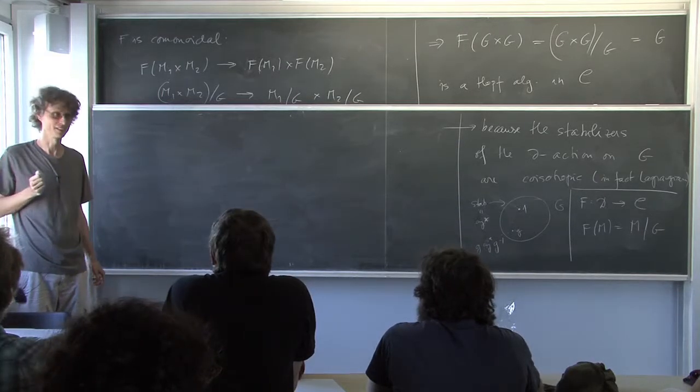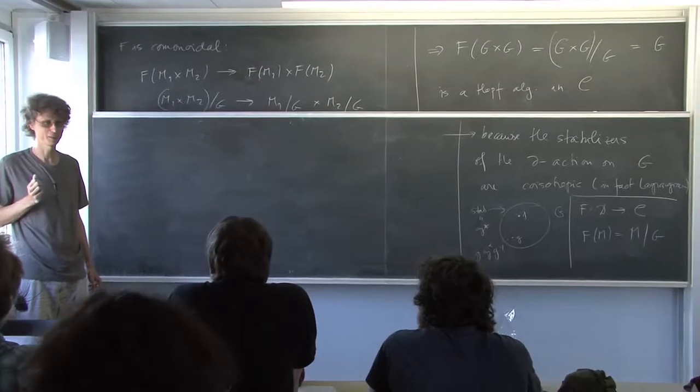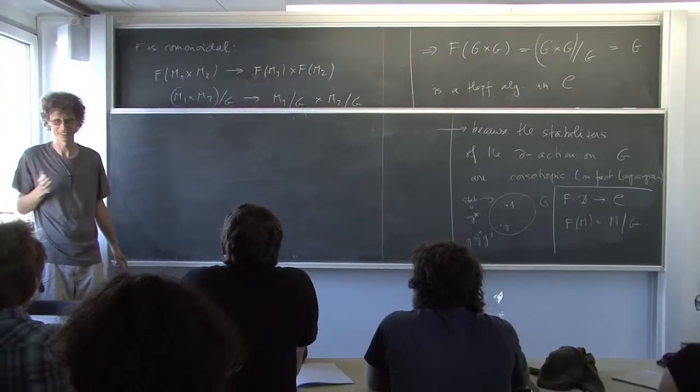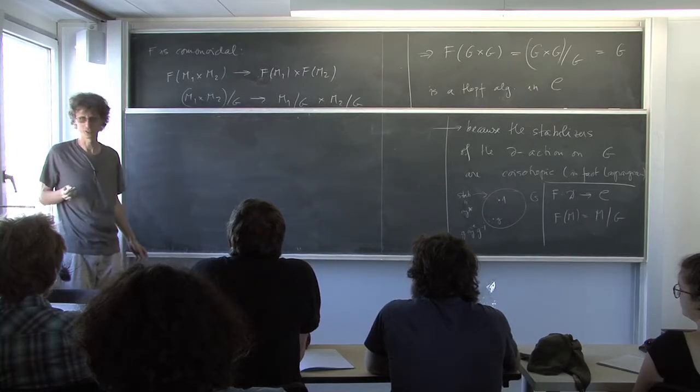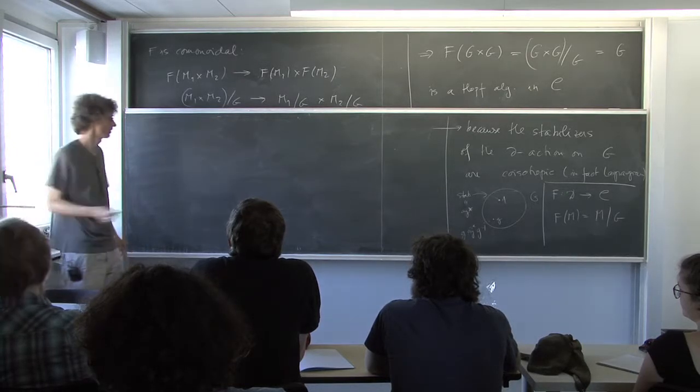So somewhat surprisingly now, at the very last moment, I will start talking about something completely different, as I said. But let me just say a couple of words and see where it ends.